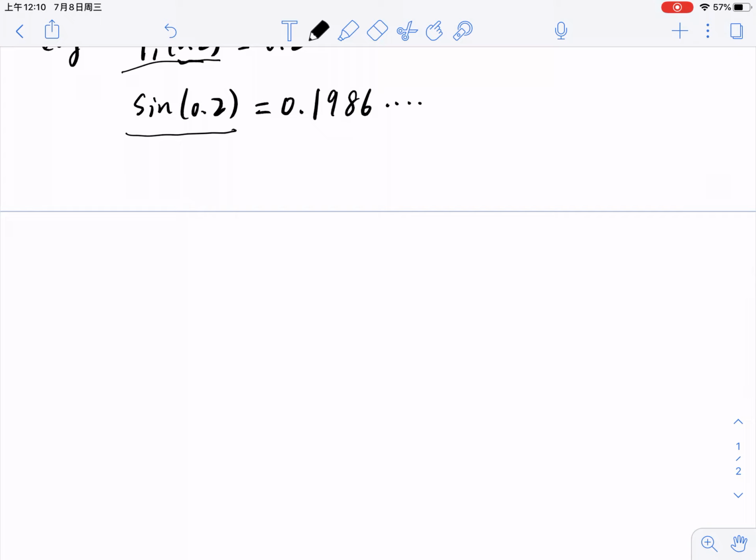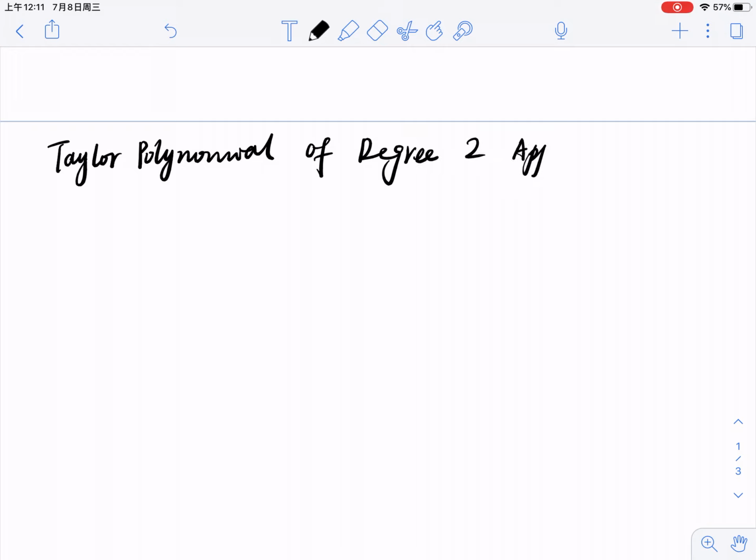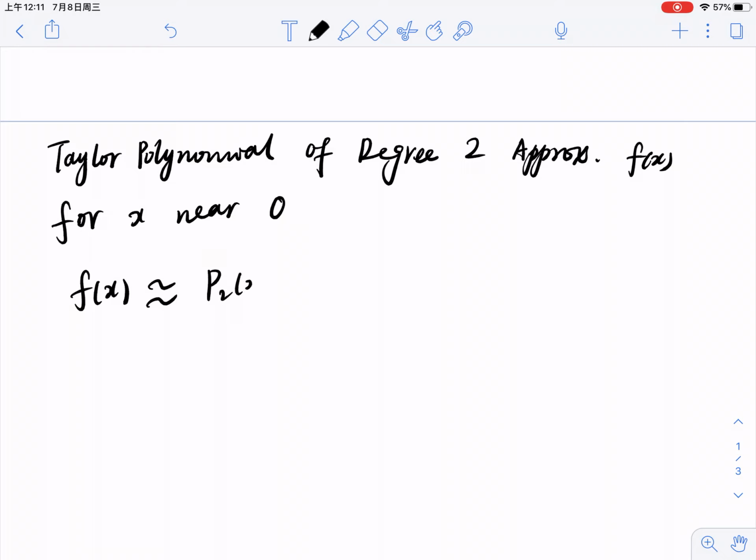So next we do the quadratic approximation. For the quadratic approximation, we have the following formula. The Taylor polynomial of degree 2 approximation of f(x) for x near 0: f(x) can be approximated by this p2(x).